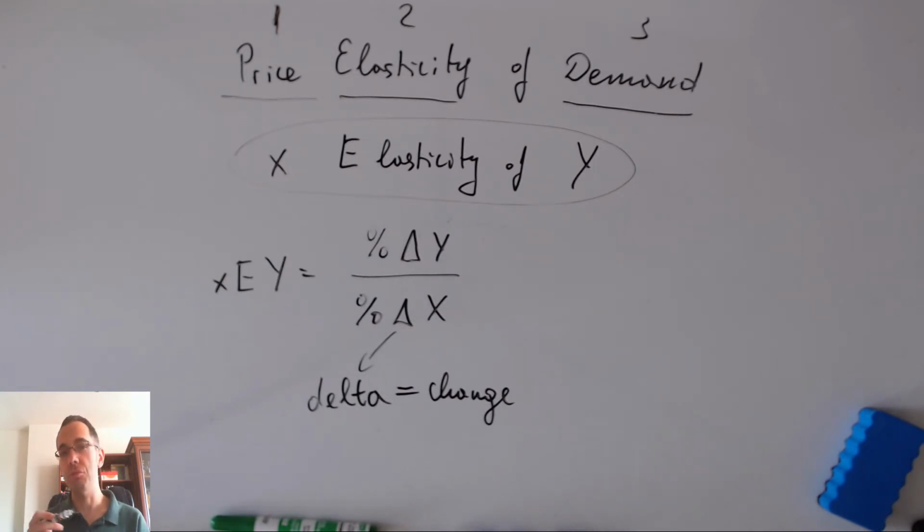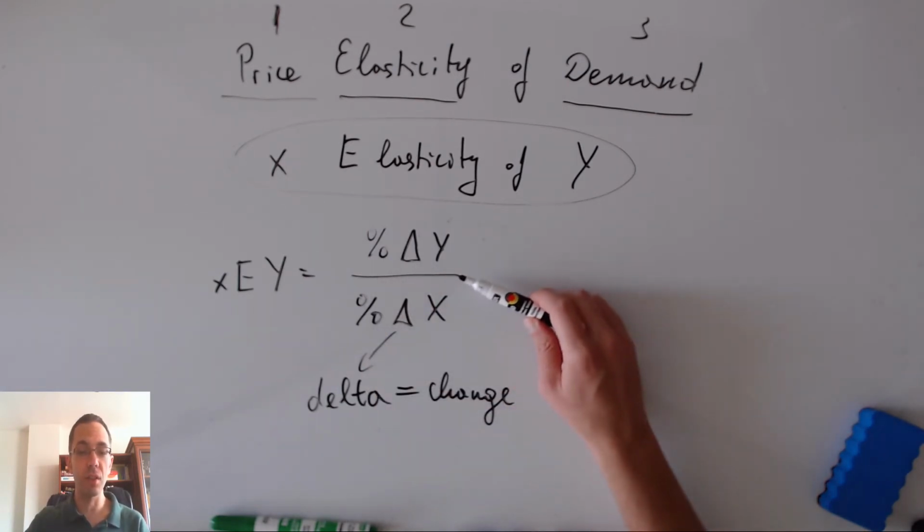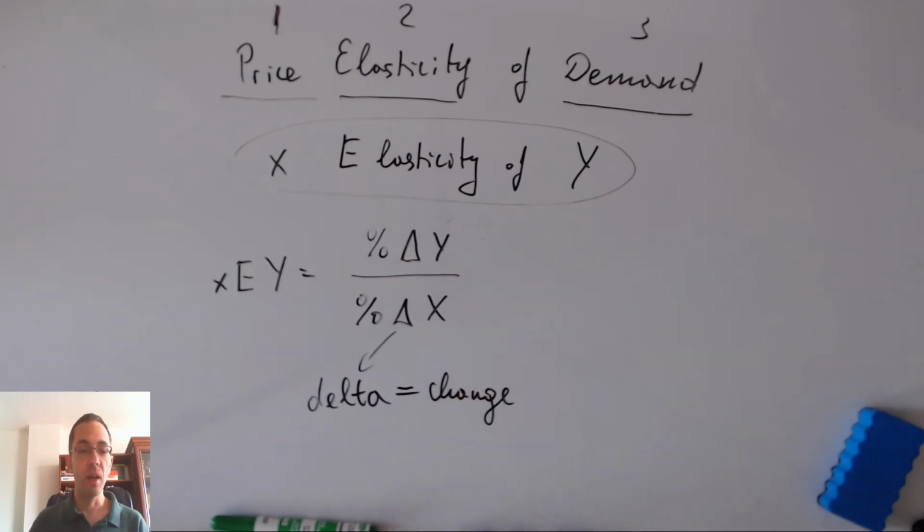You should look up your textbook and see the kind of formula you're using, because we can have the simple elasticity, we can have the point elasticity, we can have the arc elasticity, and there are some variations to this. But in the most general term, this would be the formula that you'll be seeing.